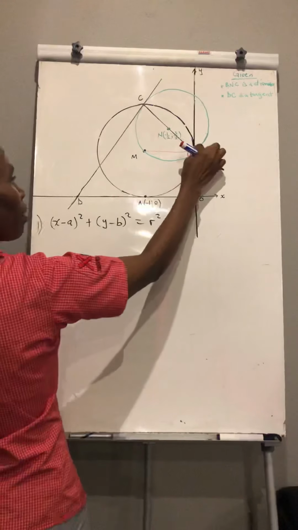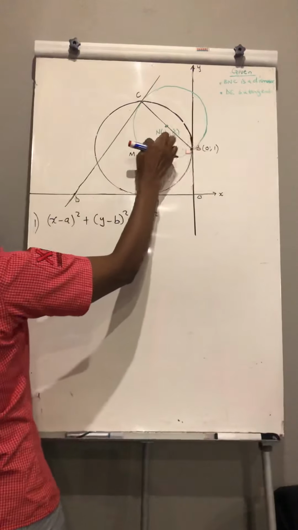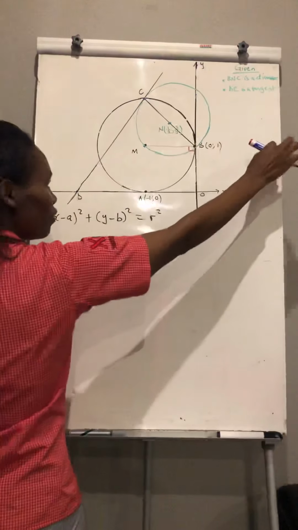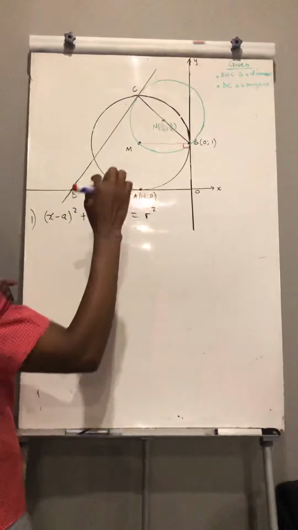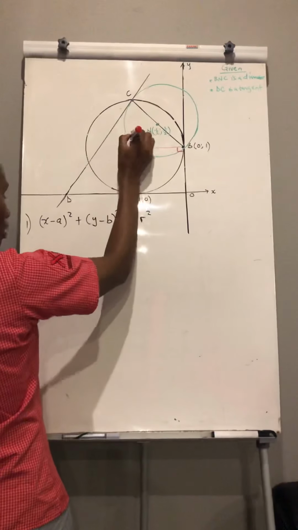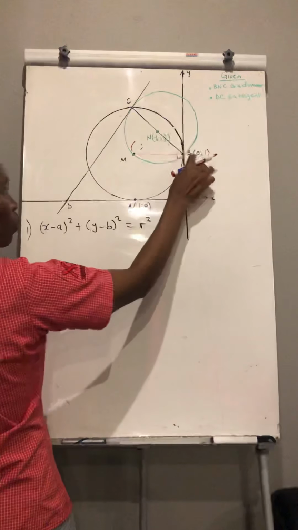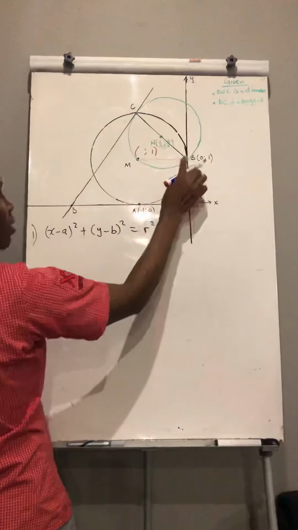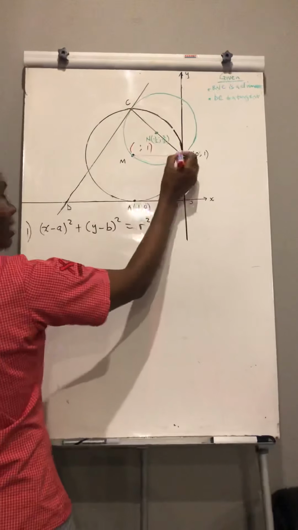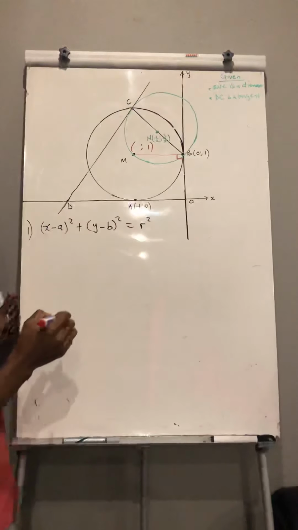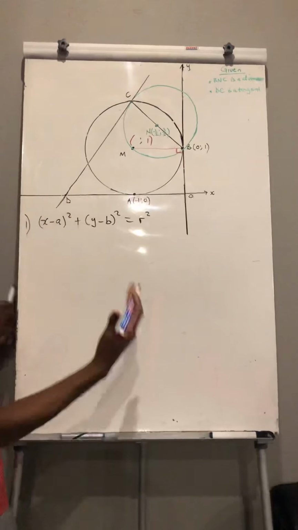Now what we know about horizontal lines is that the y value all along this horizontal line, even if we were to extend it, will not change. So that lets us know that the y coordinate for M will remain 1 as well, because it has to be on this radius, and the radius happens to be perpendicular to a vertical line, which means it's horizontal.